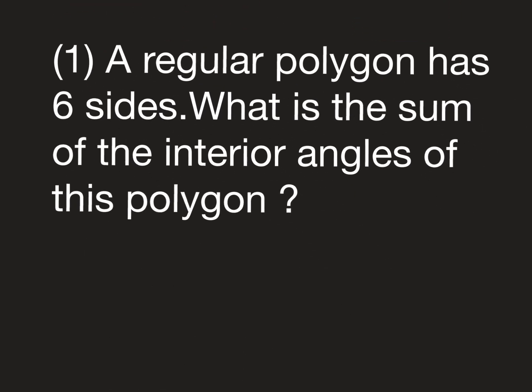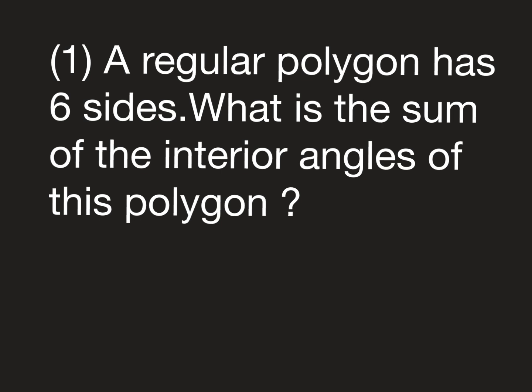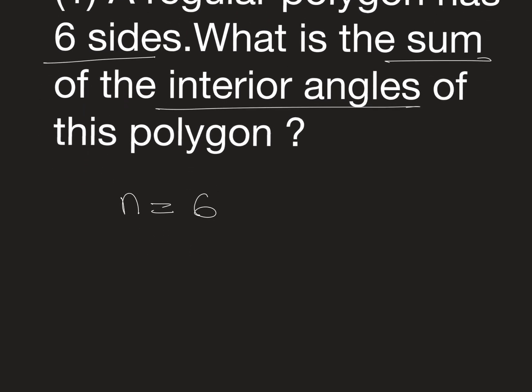Let's move on to solve problems. It says a regular polygon has 6 sides, so the number of sides is 6. What is the sum of the interior angles of the polygon? What is the formula?